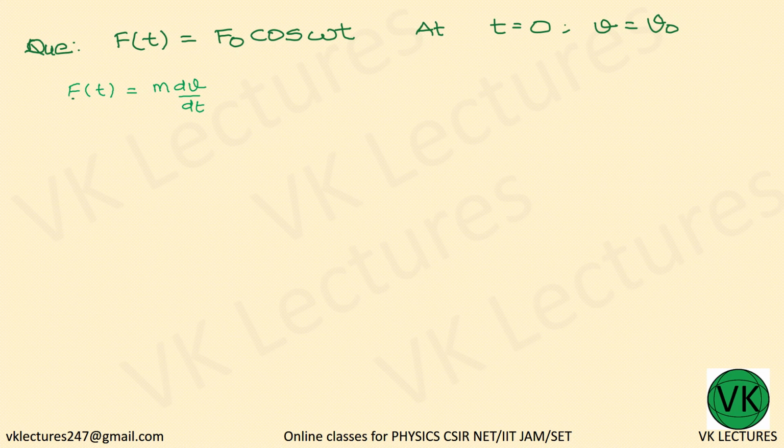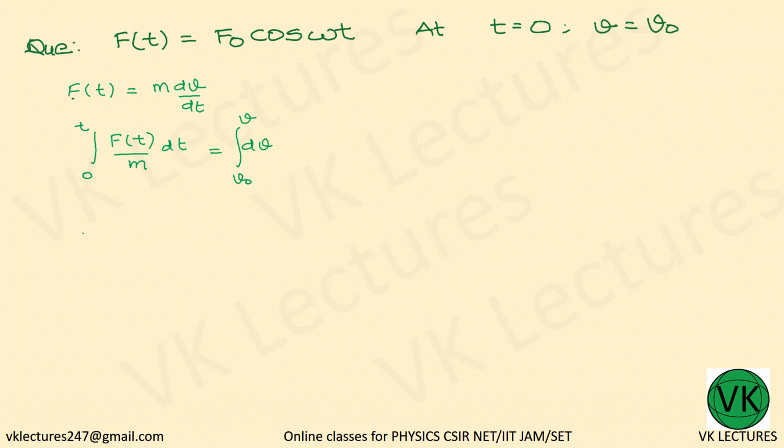Now, integral f of t by m dt from 0 to t is equal to dv from the initial condition, that is v naught to v.